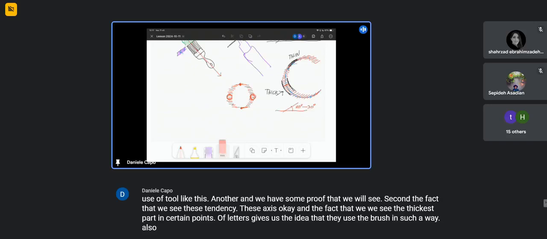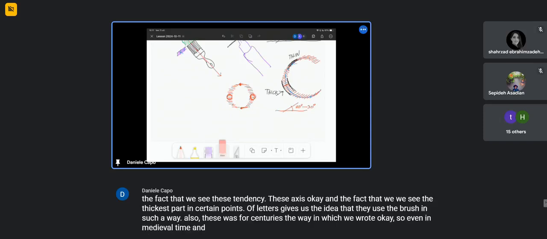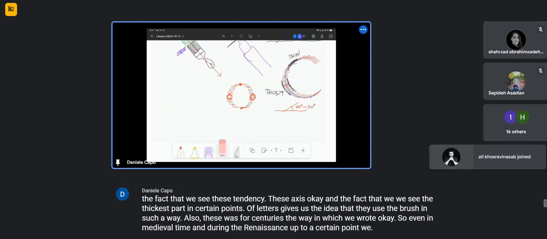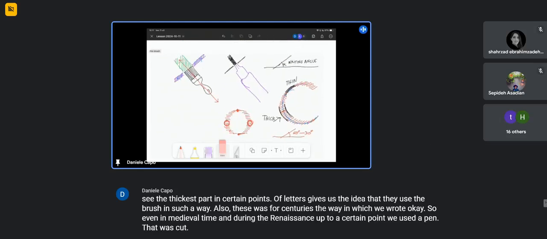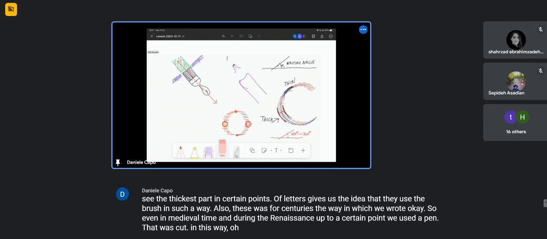Also, this was for centuries the way in which we wrote. So even in medieval time and during the Renaissance, up to a certain point, we used a pen that was cut in this way.